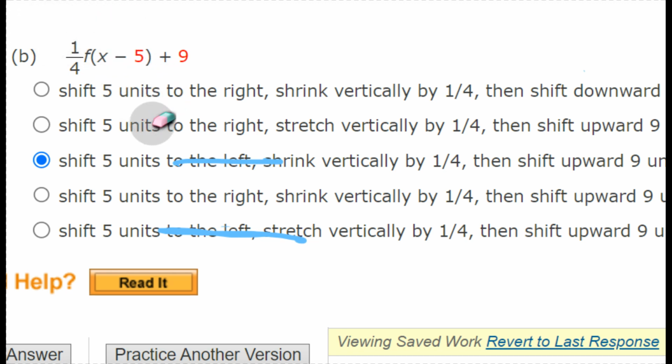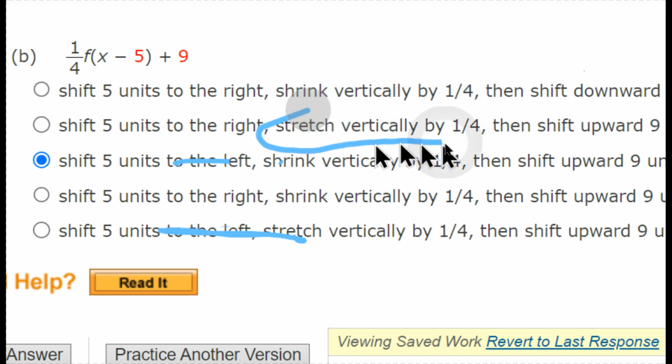But I'm fairly confident that they mean for you to say shrink. Because if we were going to get pedantic about it, I would say that if you chose to use the word shrink, then you would need to say it shrunk by a factor of 4, not 1/4.